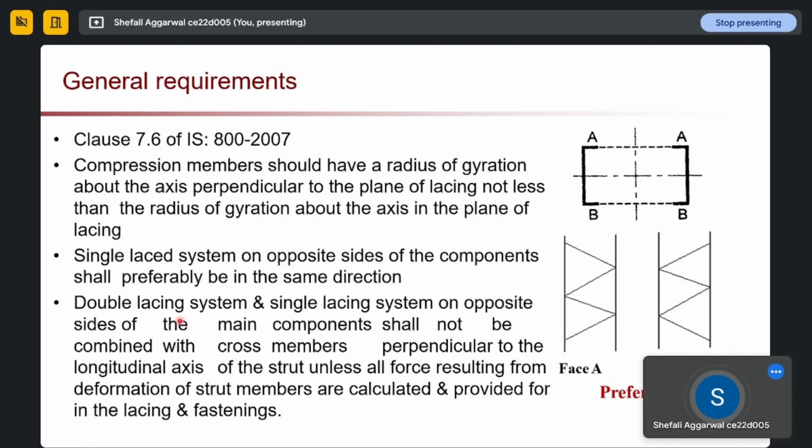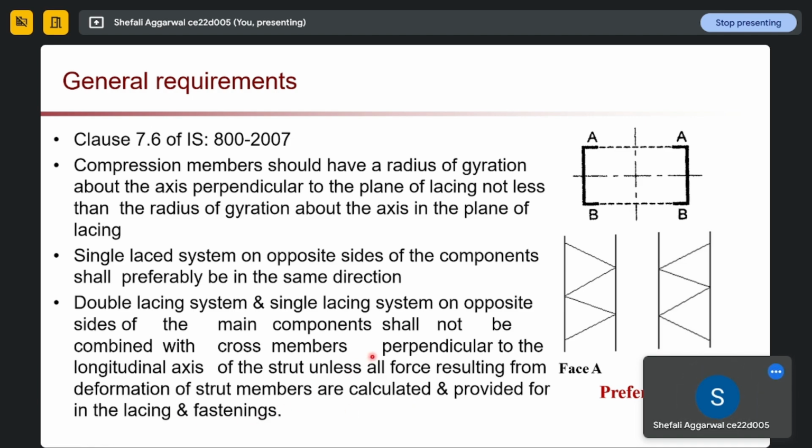The third point is that in both kinds of lacing system, either double or single, it shall not be combined with cross members perpendicular to the longitudinal axis of the strut, unless all forces resulting from the deformation of the strut member are calculated and provided for in the lacing and fastening.